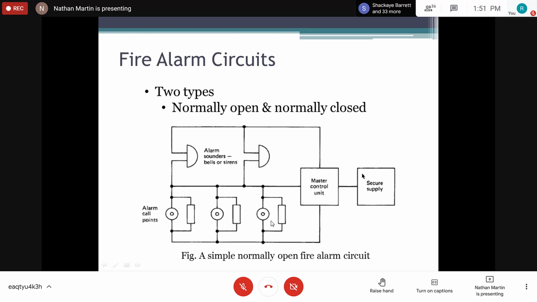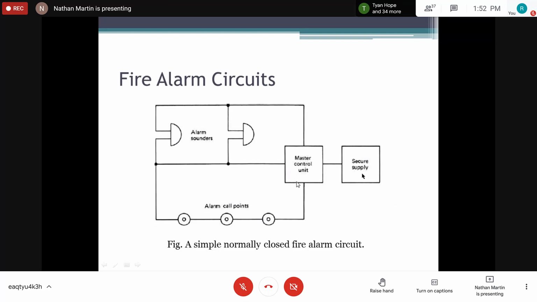Any one of these devices that are activated, the alarm sounders will sound, right? So they are actually placed in parallel rather than in series. In a normally closed situation, they are wired in series rather than parallel, right?